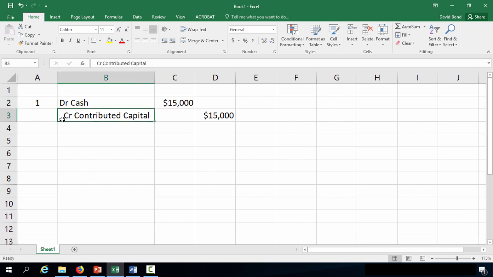You also indent the credit slightly from the debit, and I put in just 2 spaces. Always put the debit first. When it comes to the amounts, use separate columns, so they're not running under each other, they're offset. So asset going up, equity going up.